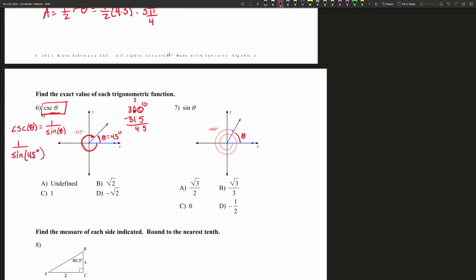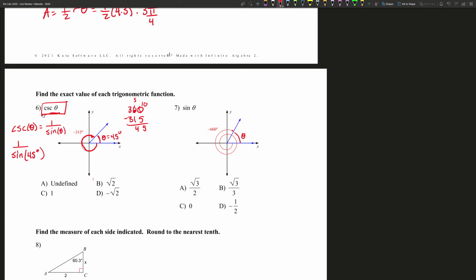And you should notice that these aren't in decimal form, right? There's radicals and whole numbers. So you could plug this into a calculator, but it's not going to be obvious which one that is. Now you could plug in all of these and try and get an answer, which is fine. It's kind of cheating the system, but that's all right.